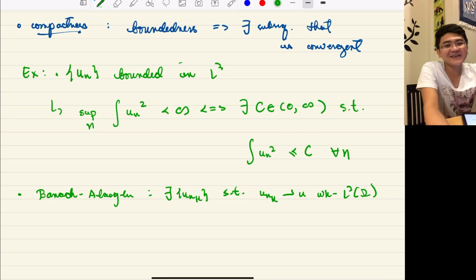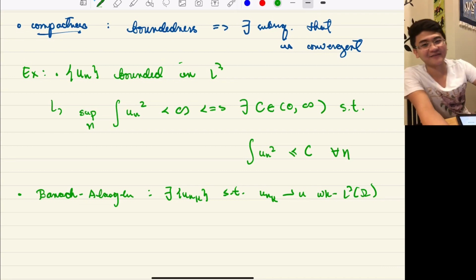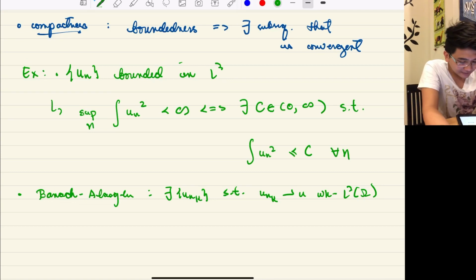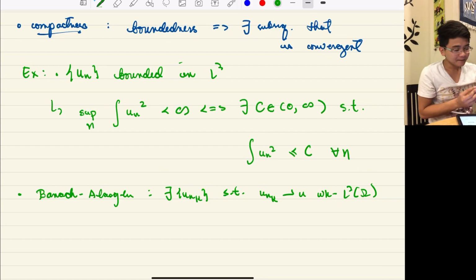So weird things happen in infinite dimensions, but compactness-wise, we have these theorems where you still get the things that you expect in the finite dimensional case. What you don't get is full convergence in L2, but you have weak convergence in L2.